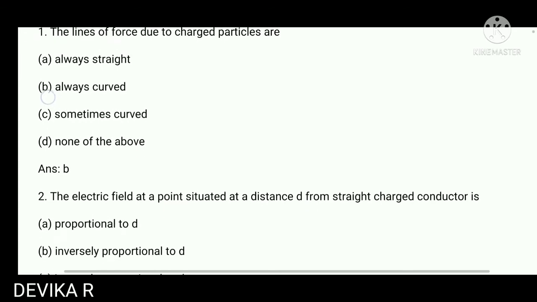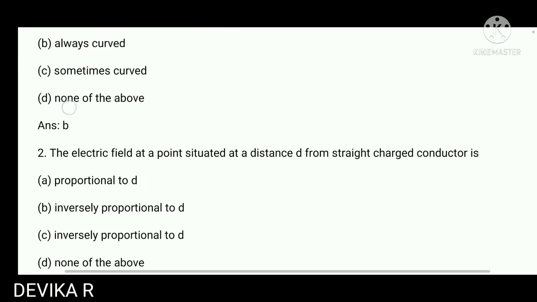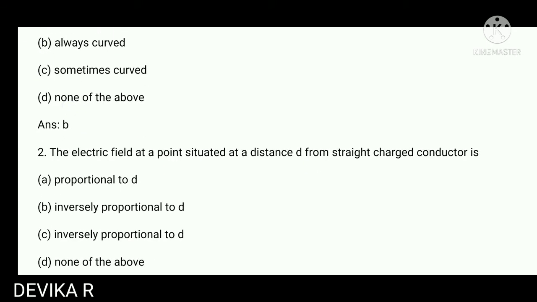Next one, the electric field at a point situated at a distance d from the straight charged conductor is? What they have given is the electric field. If it is a force, the formula is Coulomb's law, q1 q2 divided by d square. If it is an electric field, then E equals F into d, so one d will be cancelled.